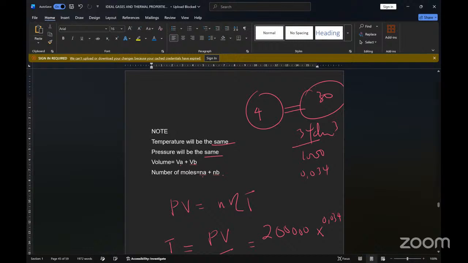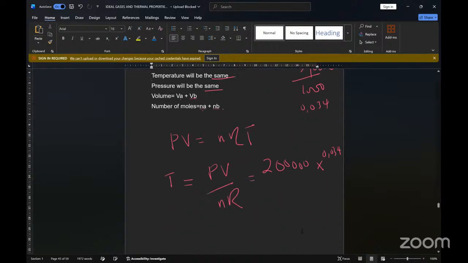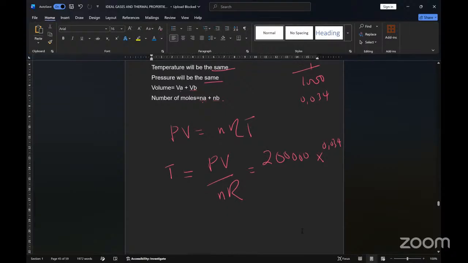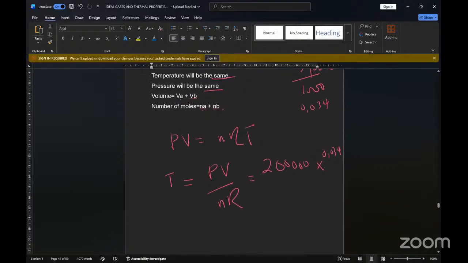And then you now deal with the number of moles. The number of moles of the gases is going to be the combined number of moles, which the first one was 2.4 plus 0.6, Na and Nb, if you recall. So that will give you 3. 2.4 plus 0.6 is 3.